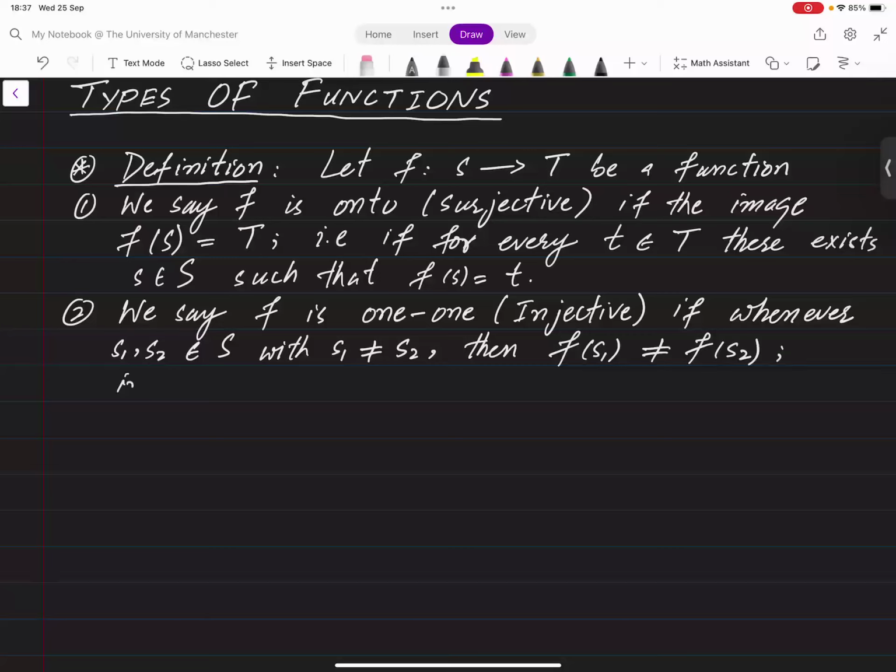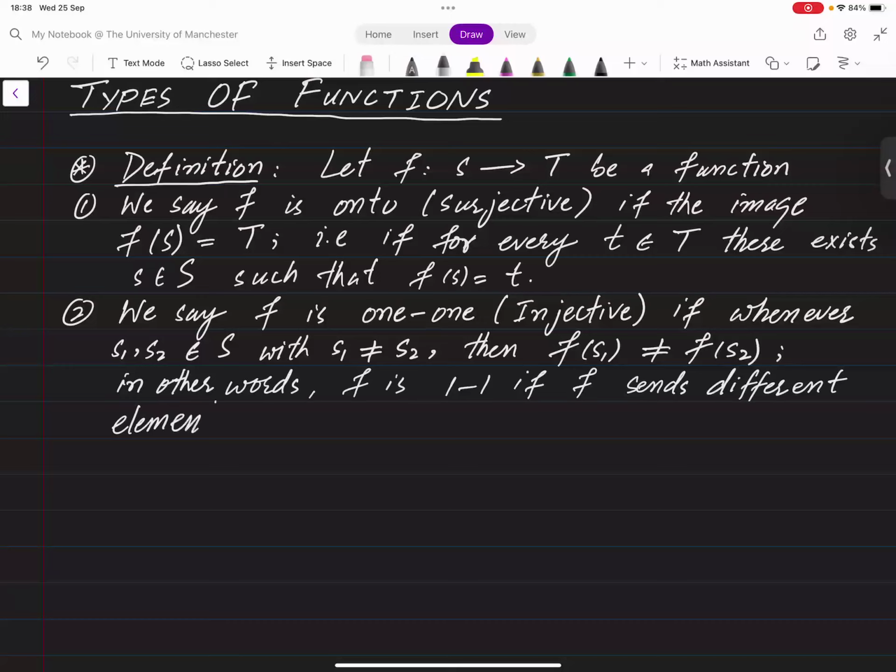Or in other words, f is 1 to 1 if f sends different elements of S to different elements of T.